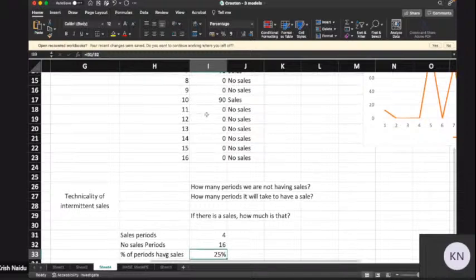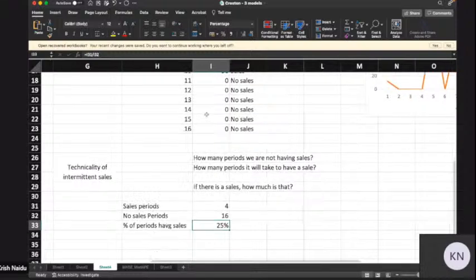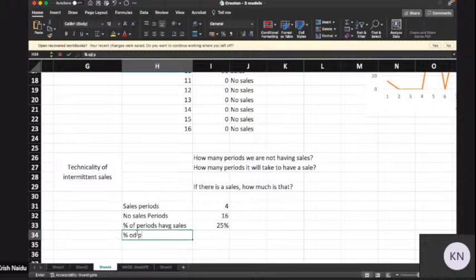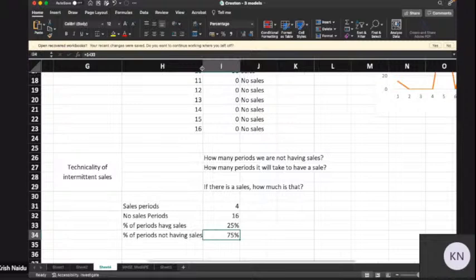And the percentage of periods not having sales is 1 minus 25%, which is equal to 75%. So 75% of the periods have no sales and 25% of the periods have sales.